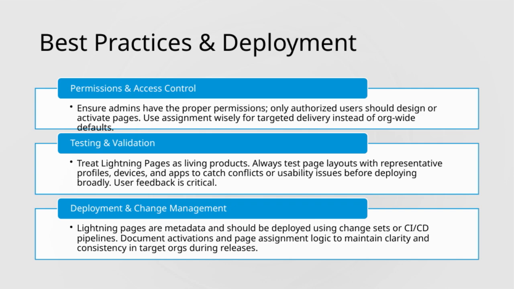Finally, continuous monitoring and feedback after deployment help you identify areas for improvement and ensure the solution remains effective over time. All these practices tie back to our overall goal: maximizing value, minimizing risks, and ensuring a smooth transition. Think of deployment not as a one-time event, but as an ongoing process of refinement and support.